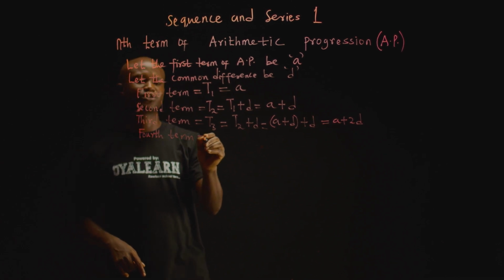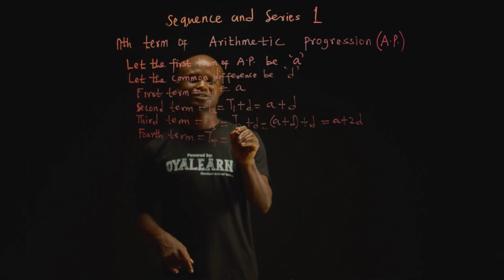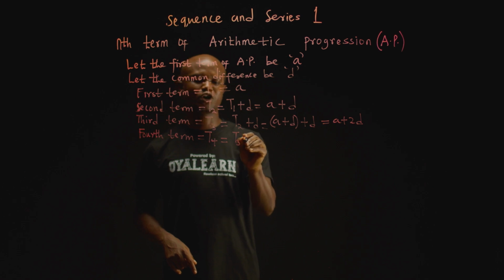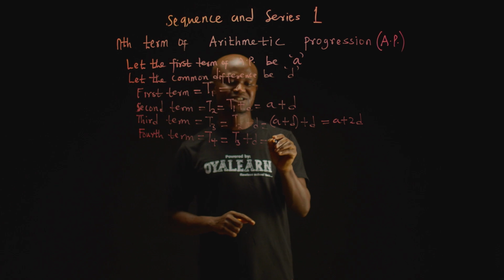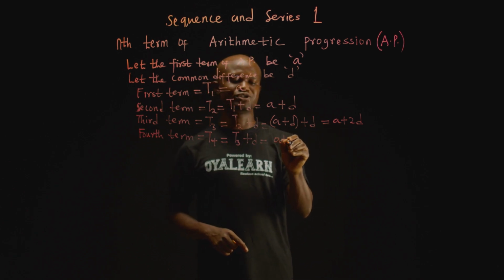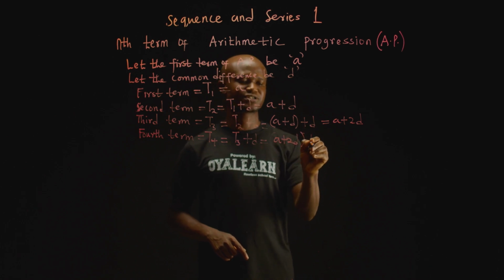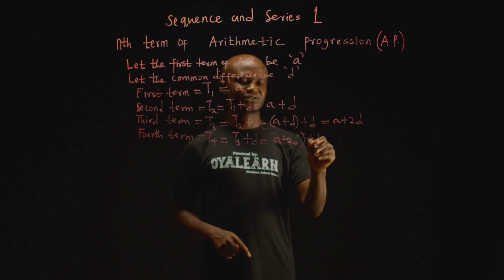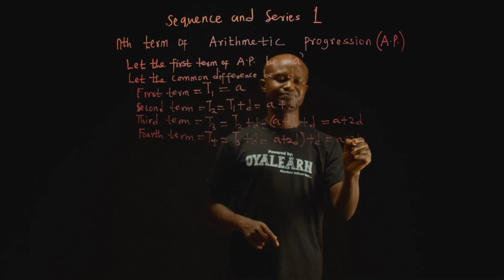T4 equals T3 plus D. That is, we add D to the third term to get the fourth term. What is the third term? That is A plus 2D. Then plus D. So this will give us A plus 3D.